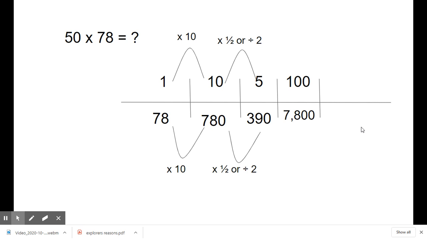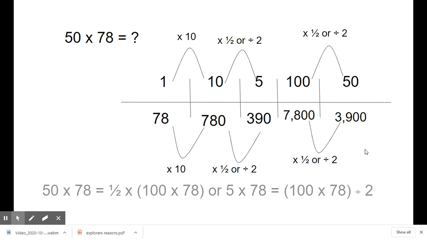We remembered that 100 groups equals 7,800. So half of 100, or 100 divided by 2, or times 1/2, equals 50. 7,800 divided by 2, or times 1/2, equals 3,900.